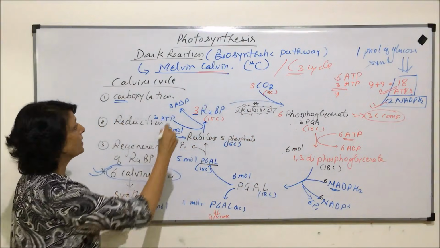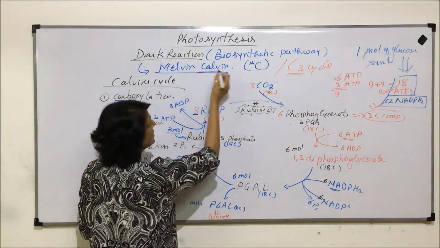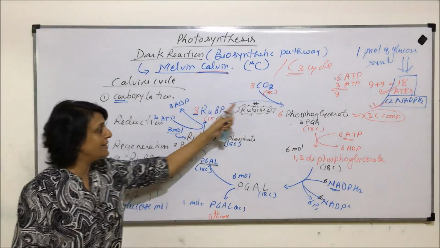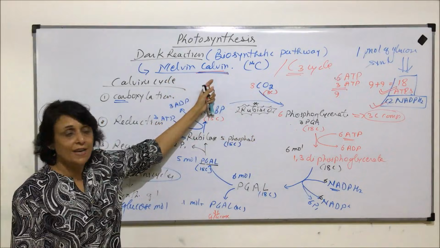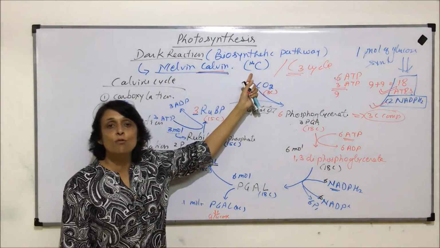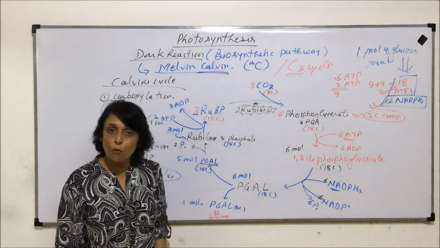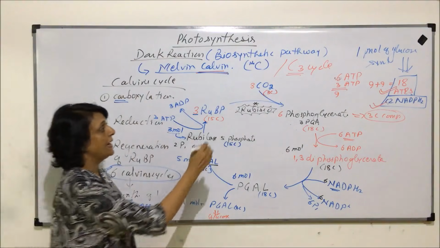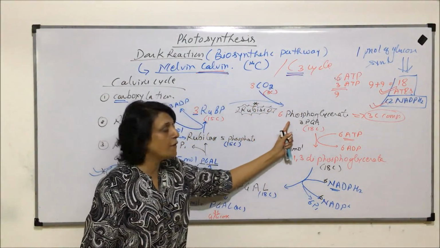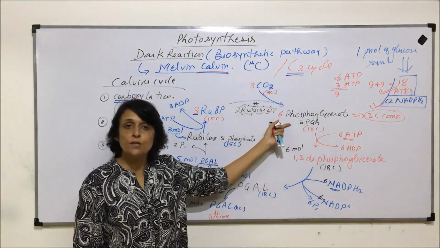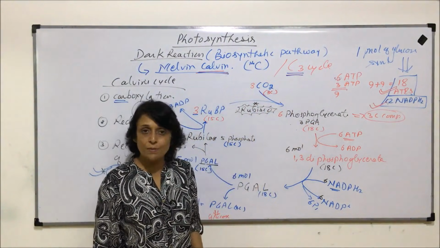One more quick recap. The reason it is known as the Calvin cycle is that the entire path was traced by Melvin Calvin, and he used radioactive carbon, that is C14, to trace this path. It is also known as the C3 cycle because the first stable compound which is synthesized is a 3 carbon compound.